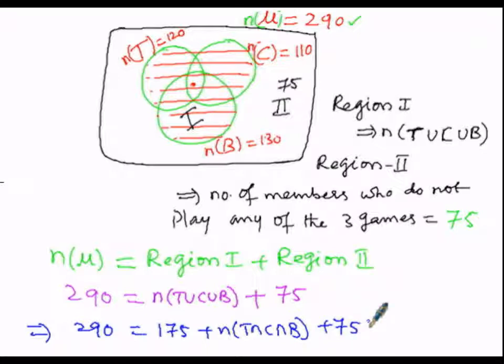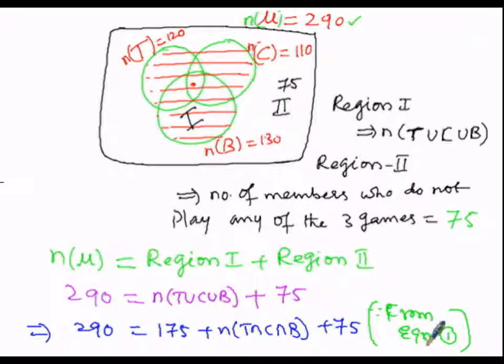So here we got this logical step, from equation number 1, where we got n of T union C union B as 175 plus n of T intersection C intersection B in the previous logical step.